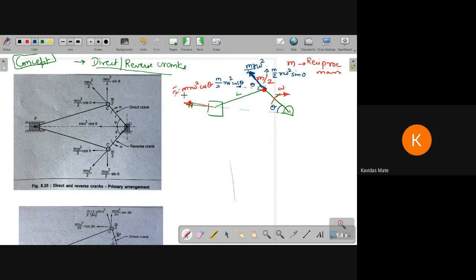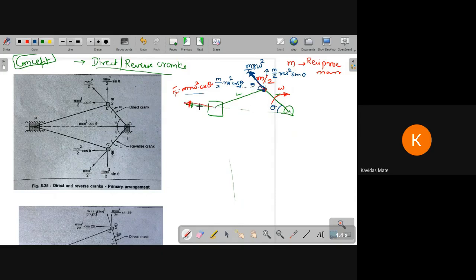Now, this is m r omega square cos theta, the actual engine's component, and for our concept, half of that force is balanced, or resembled, by putting the mass on the crank of this particular engine.